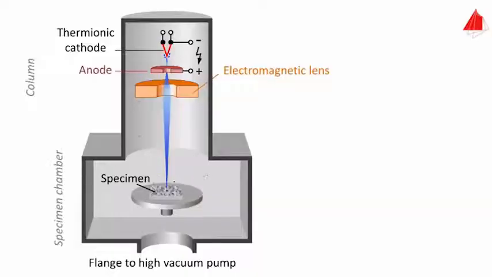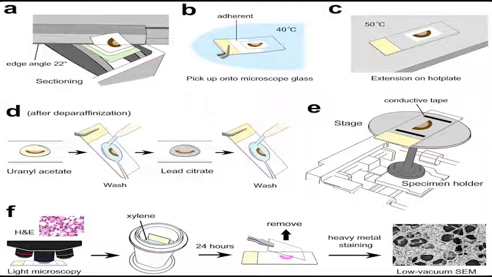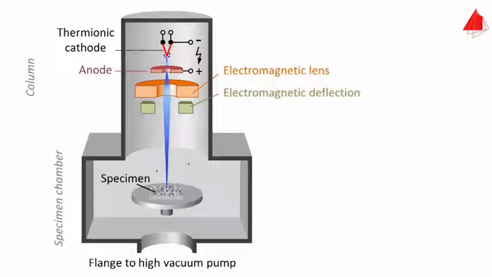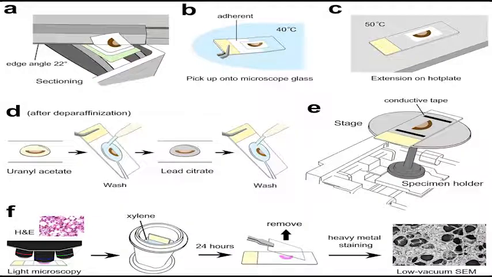Electron beams pass through a very thin prepared sample. The specimen must be supported in a resin block to prevent collapsing during cutting.